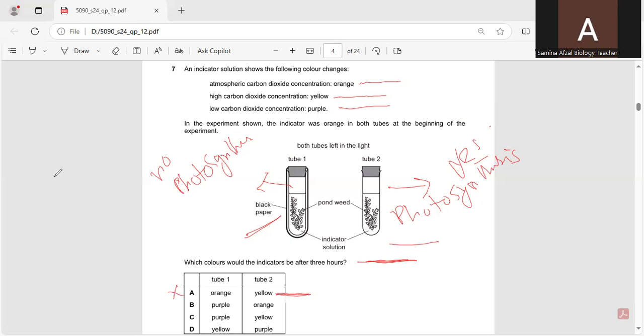High carbon dioxide concentration will be there, so yellow color. And in test tube 2, low carbon dioxide concentration, so the purple color should be there. So according to this, we have D as the correct option. A, B, and C are not the correct options. Only D is the correct option in question number 7.